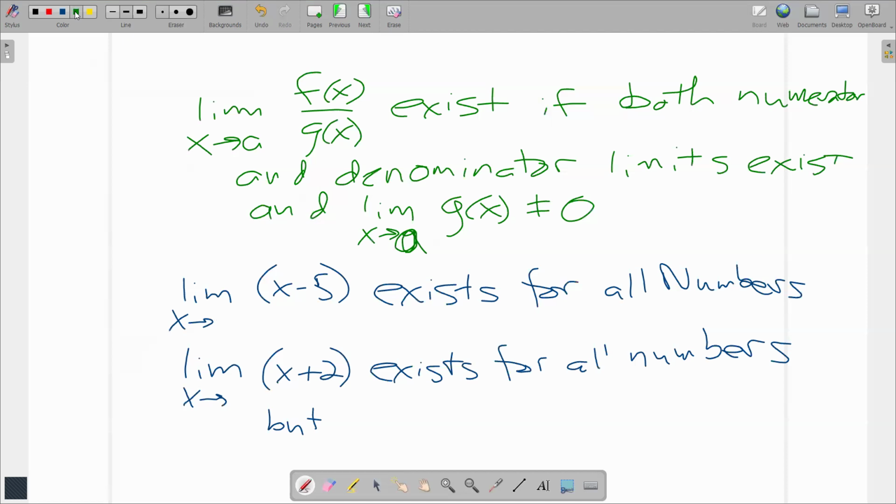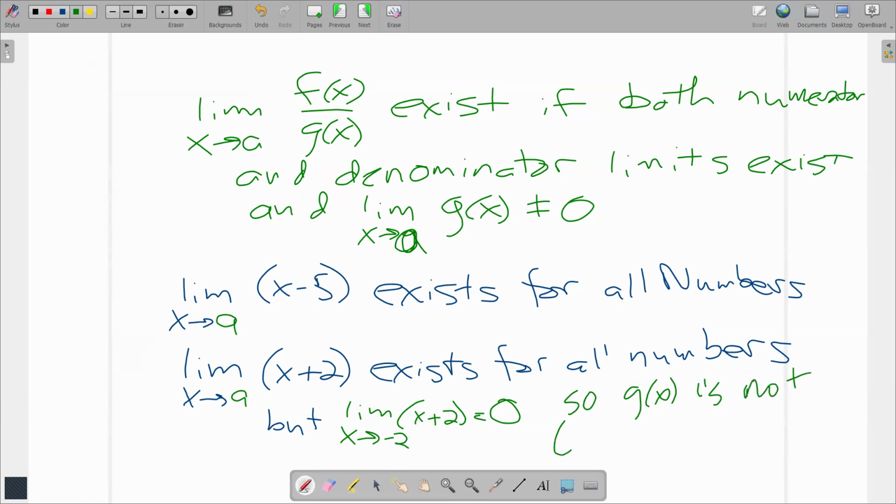This is about any number, so that should be an a there and an a here. But the limit as x approaches -2 of x plus 2 is 0. So g of x is not continuous at -2, but continuous everywhere else.